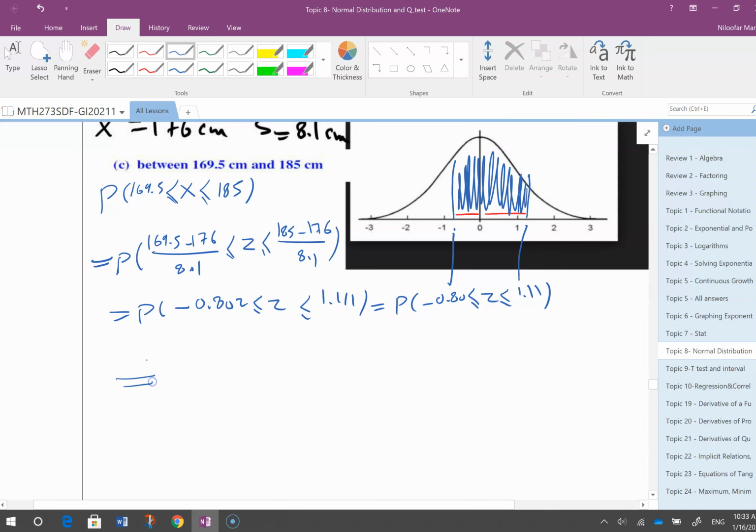Okay, so it is probability this plus this, to this.